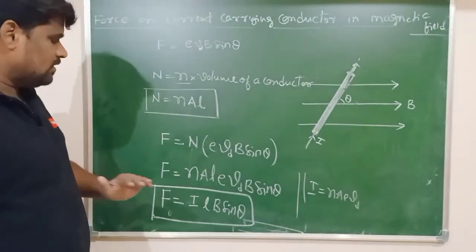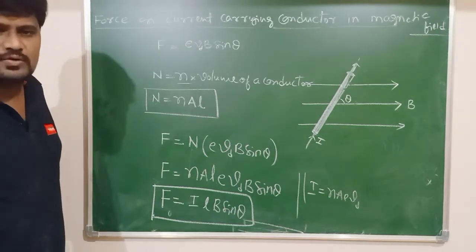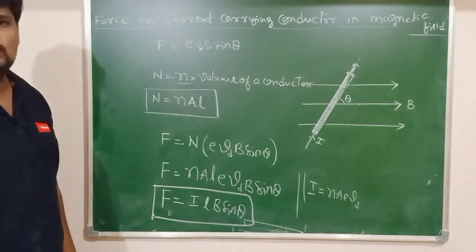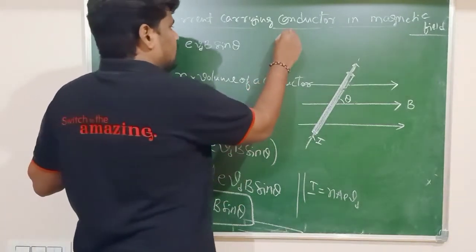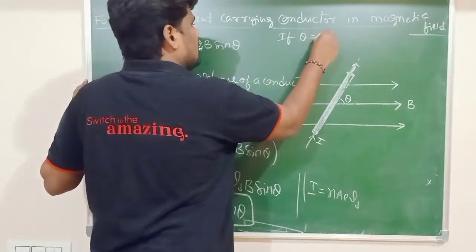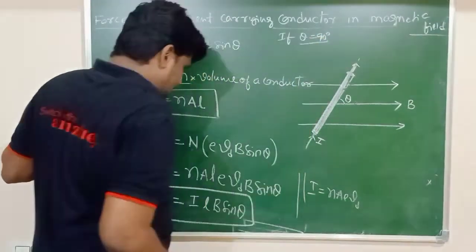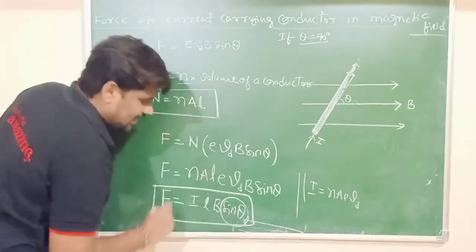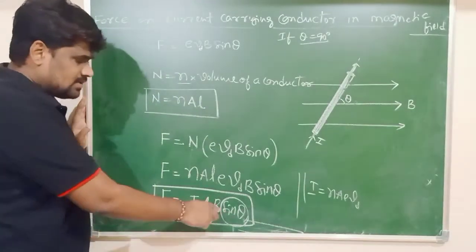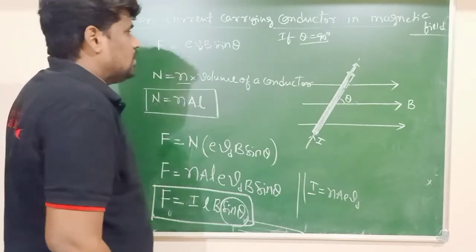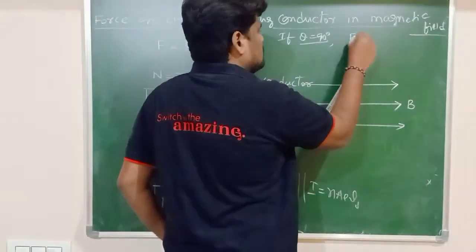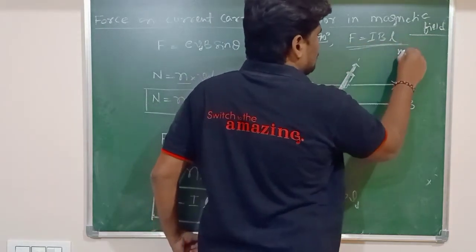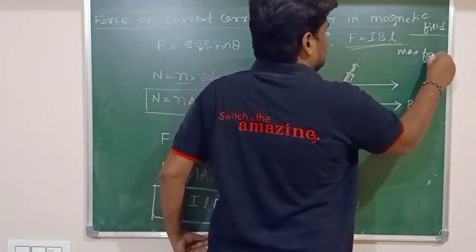Will you tell me when this force is maximum and when this force is minimum? The force is maximum when theta equals 90 degrees. If theta equals 90 degrees, then what is sin theta? What is the value of sin 90 degrees? Sin 90 degrees is 1. Therefore, the force is given by F equals I B L. This is called the maximum force.